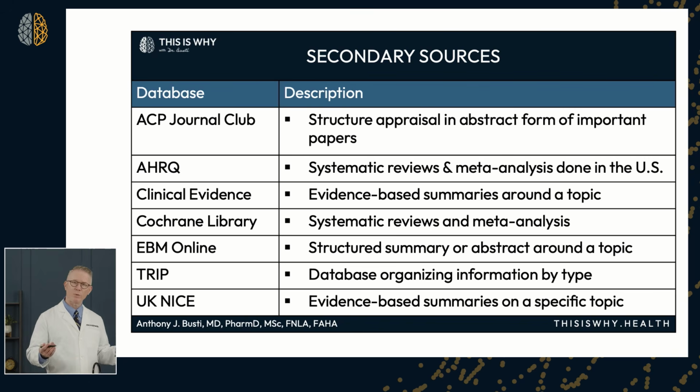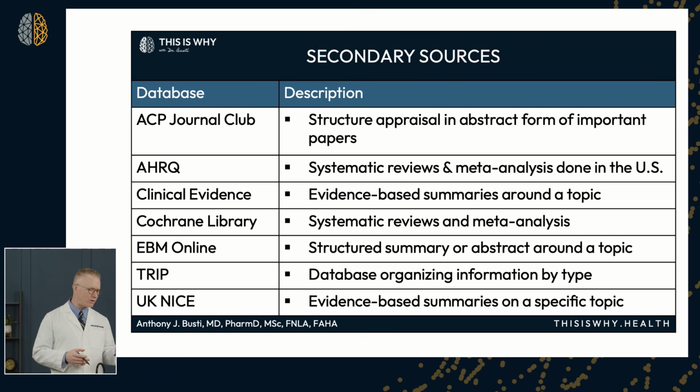But secondary sources would include databases that take the primary literature and provide some summary, and they are very, very focused on giving you links to the primary literature, right? So they're consolidating that primary literature together.